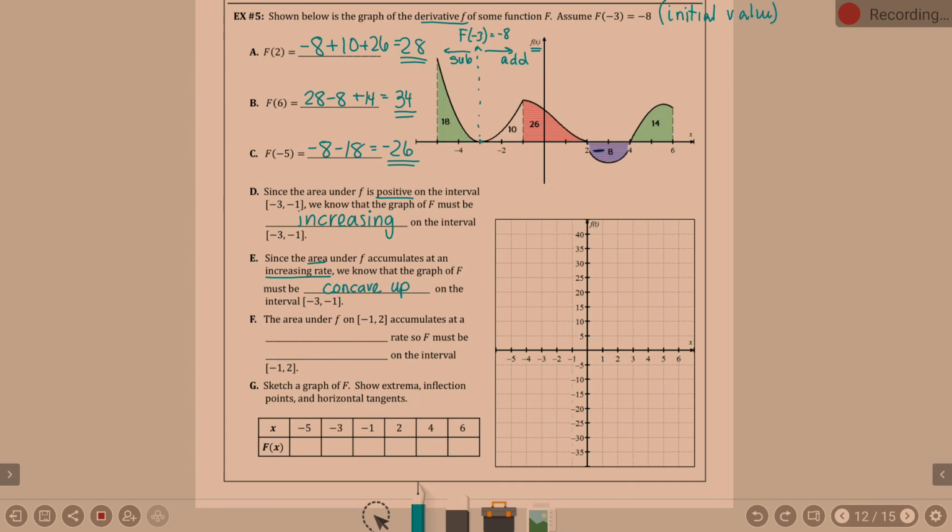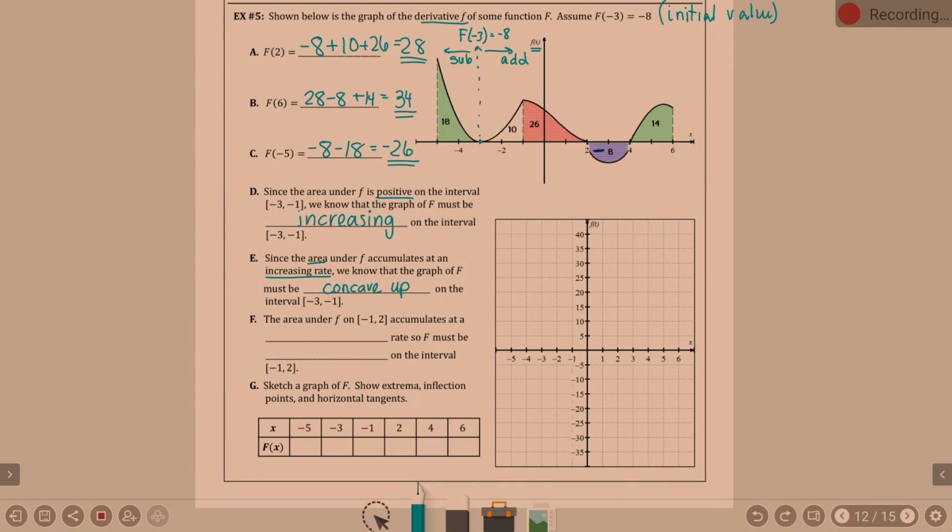And realize we're getting ready to graph all this, aren't we? The area under F on negative 1 to 2 accumulates at a blank rate, so F must be blank on the interval negative 1 to 2. Decreasing rate.